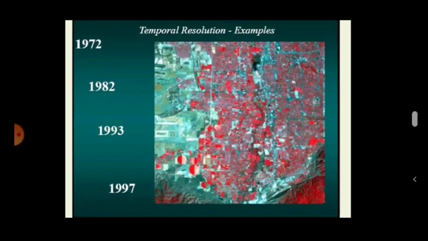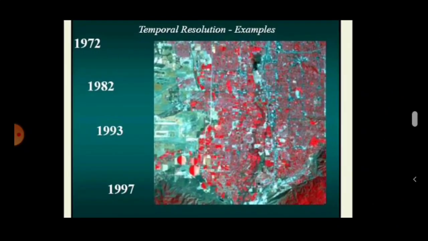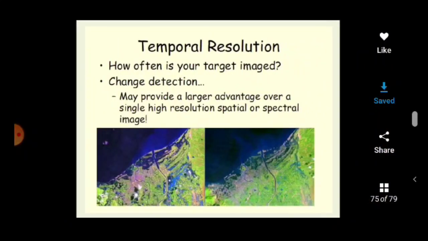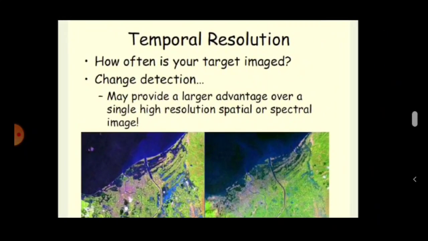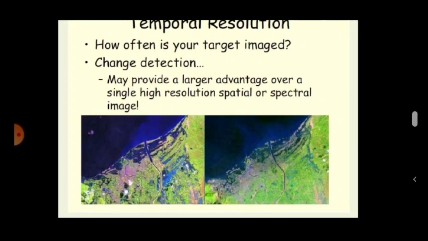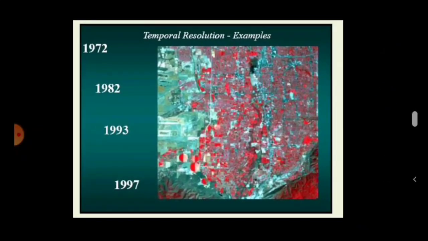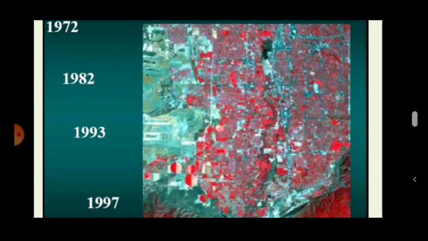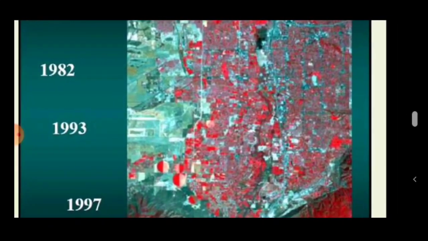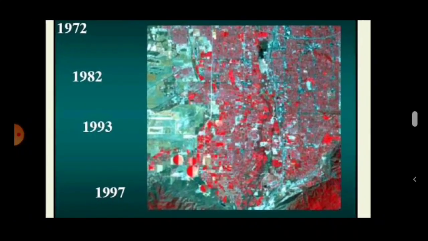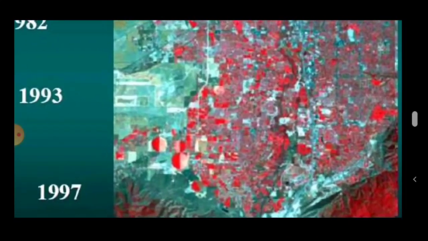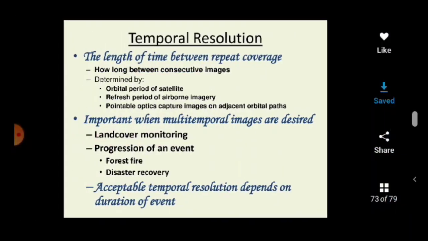So temporal resolution tells how often your target is imaged, and according to the area you can see here, 1972, 1982 and 1993, 1997, these are the years that these images were taken. This is how the same area varies over the years.